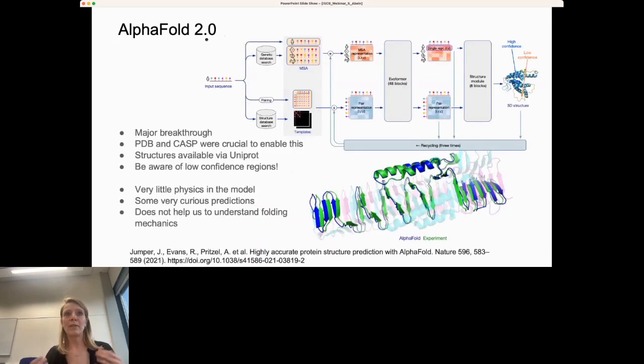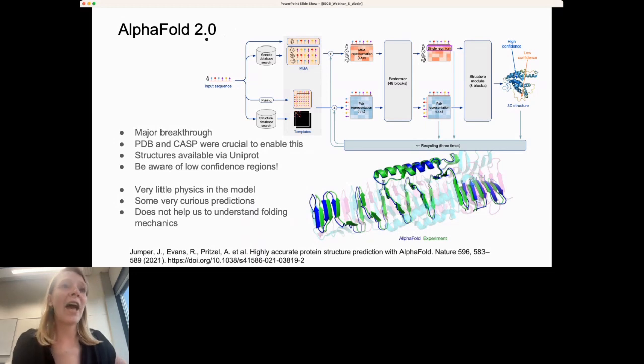Now, if you would look at more detail of the architecture, you see that the architecture of the deep learning is much more complex. I won't go into detail here. There's many other webinars from ISCB explaining AlphaFold in way more detail, so that's not the point here. But what I do want to stress is because, of course, this has been a huge leap in structural bioinformatics.